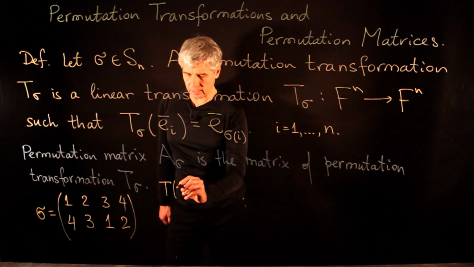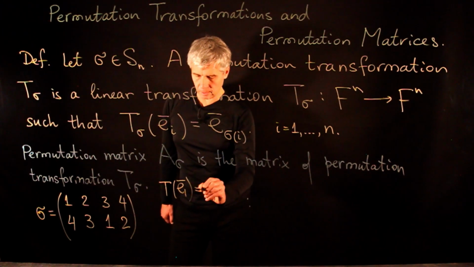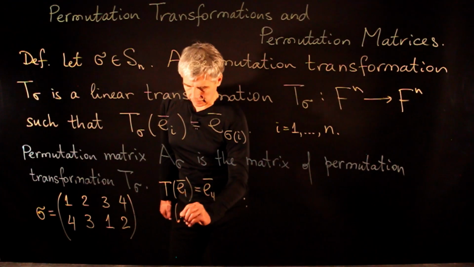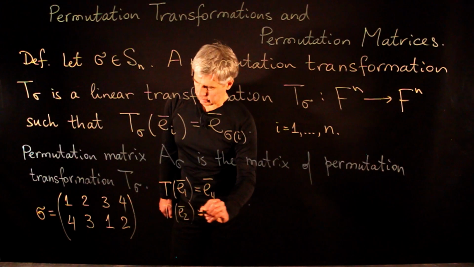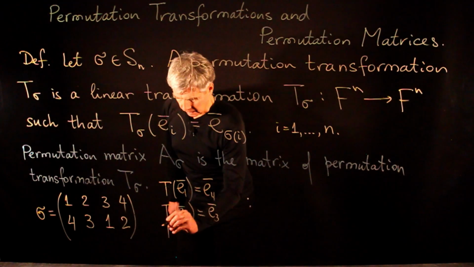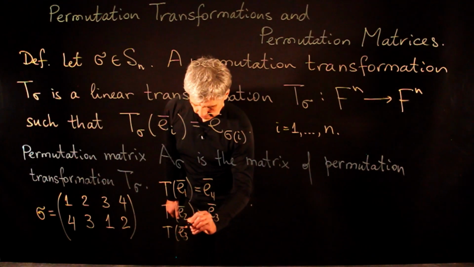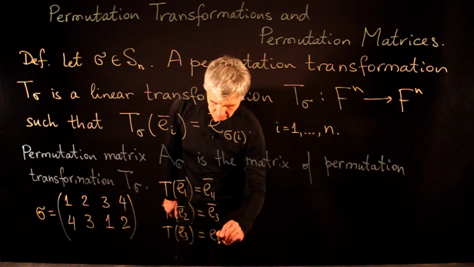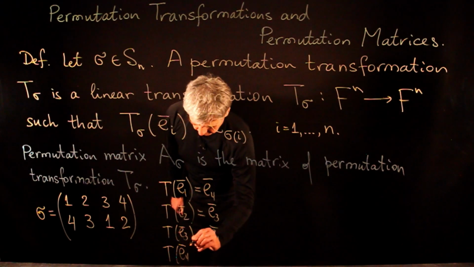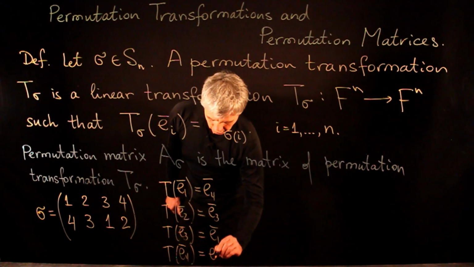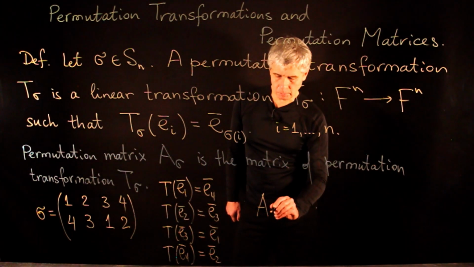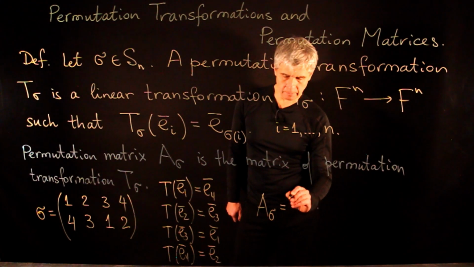This says that T of E1 is equal to E4, T of E2 is equal to E3, T of E3 is equal to E1, and T of E4 is equal to E2.